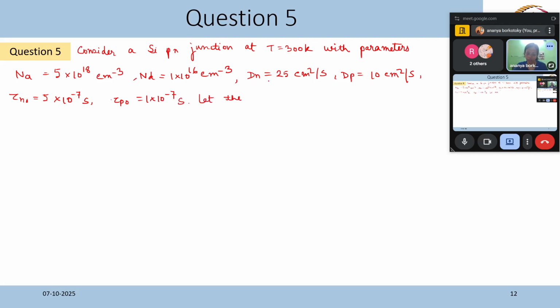Let the photocurrent IL, the current due to photons, have density JL equal to IL by A. This is equal to 15 milliampere per centimeter square.